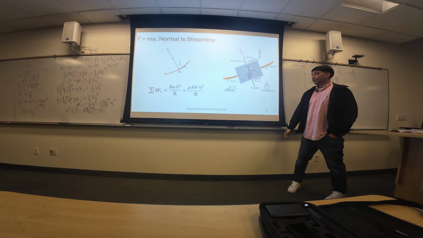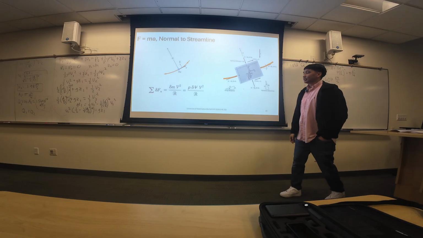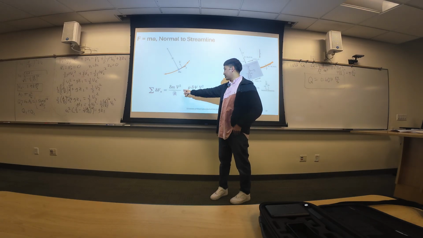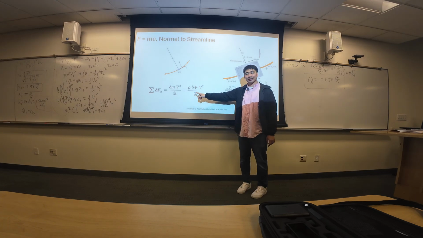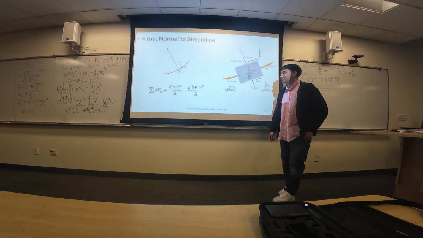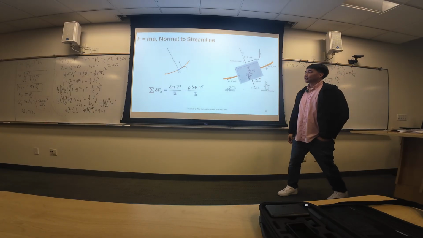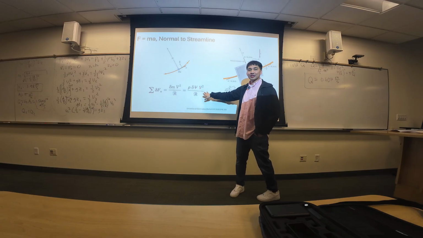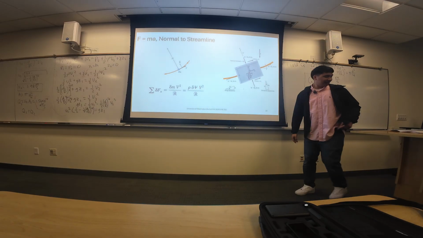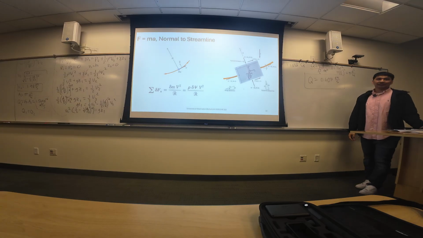So delta m from last lecture can be substituted as rho times change in volume. I mentioned this in the last lecture too. The crossed-out v is for volume, so you don't confuse it with velocity. So before we sum forces, this is your ma in your F equals ma. Okay? Nice? Good?